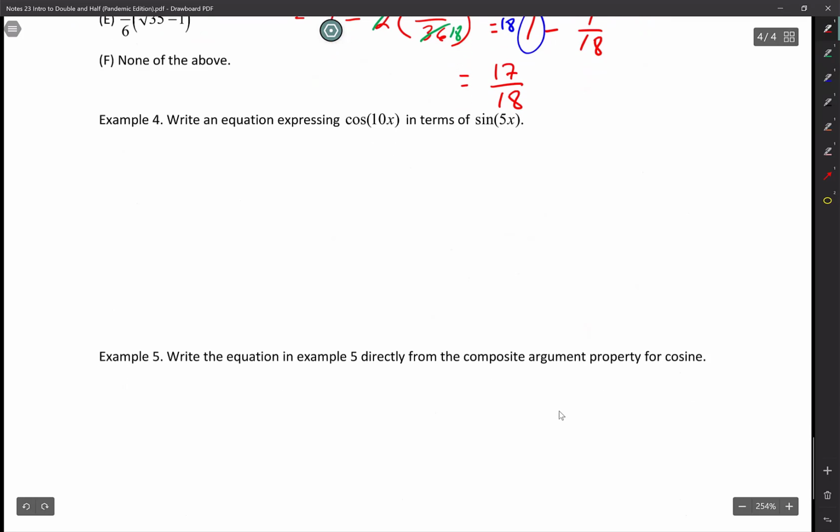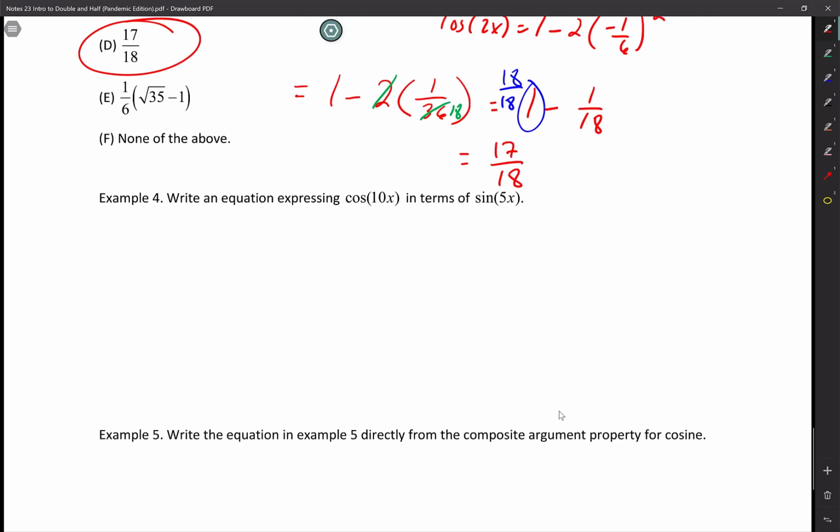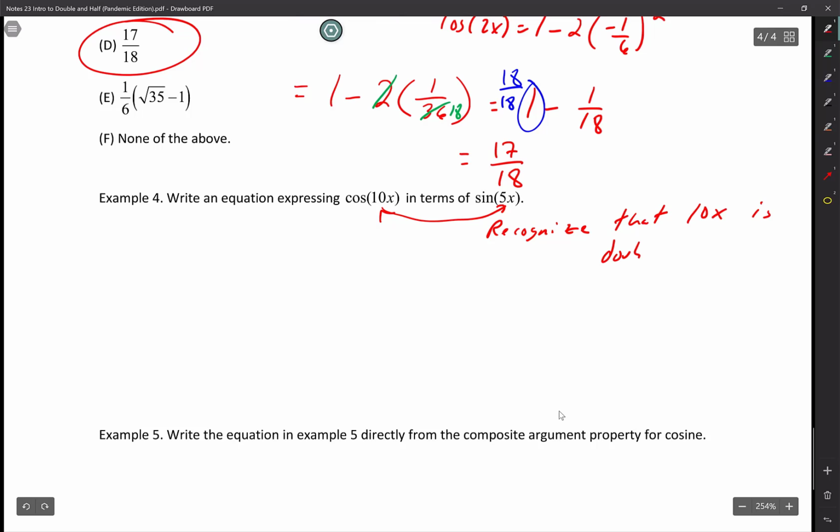Last two, and I don't think these are very exciting problems, but I had to put them in here. It says, write an equation expressing cosine 10x in terms of sine 5x. So whenever you run across something like this, guys, recognize that 10x is double of 5x. Hence your double formula, guys. So I'm going to write cosine 2 5x close.